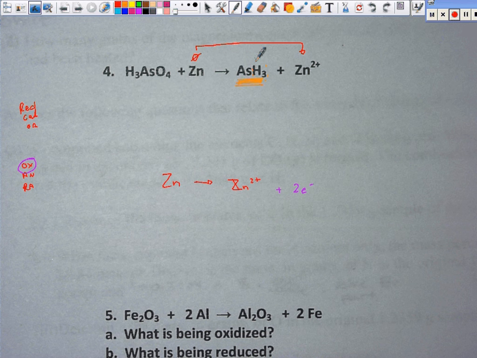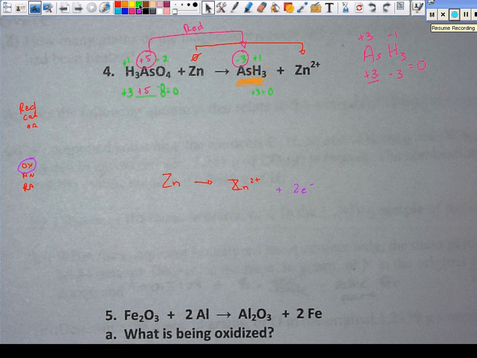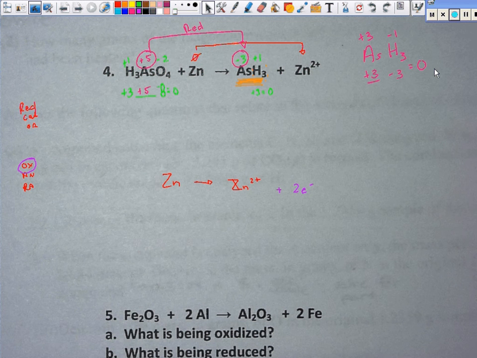Okay, I went ahead and worked this out. To be quite honest with you, this one kind of confuses me, and here's why. Anytime hydrogen is with a metal, it is a negative 1, which is what this version would be. However, arsenic is a metalloid, so I'm not quite sure what hydrogen would be.